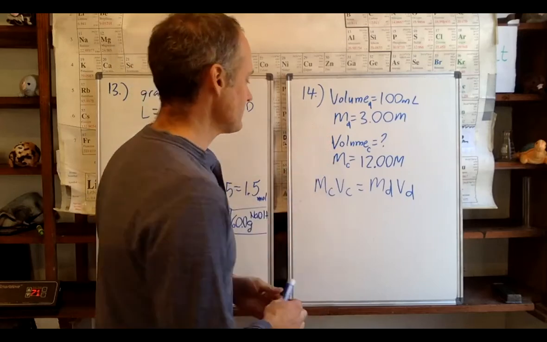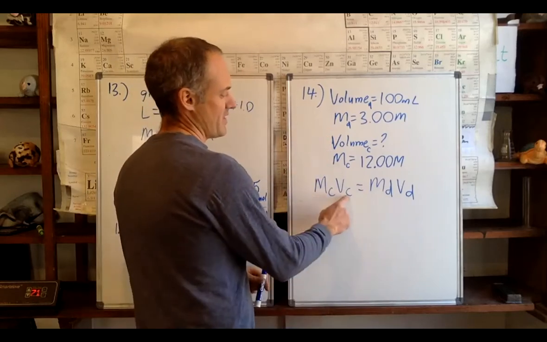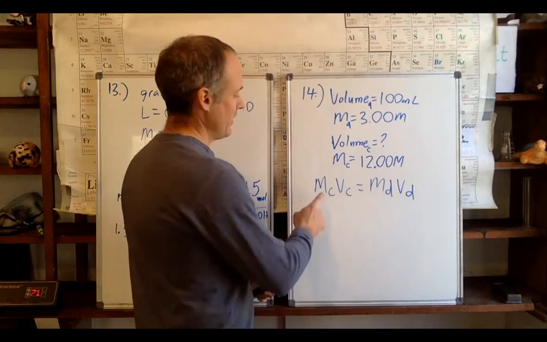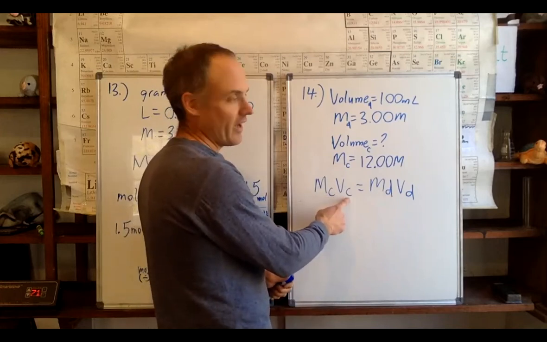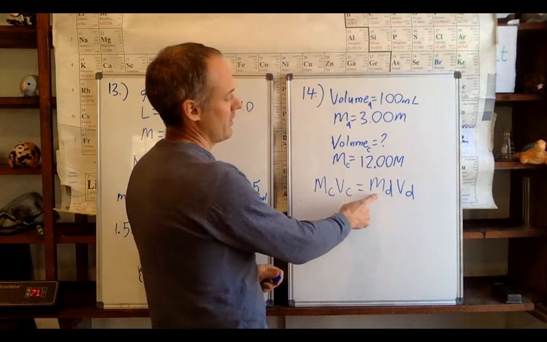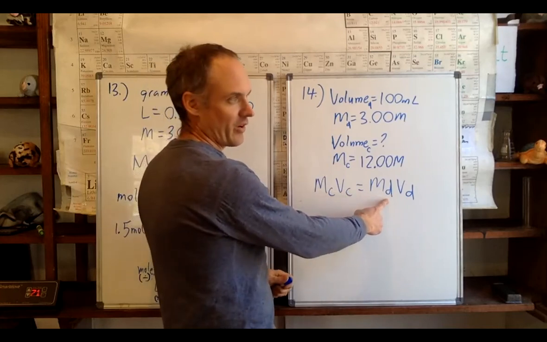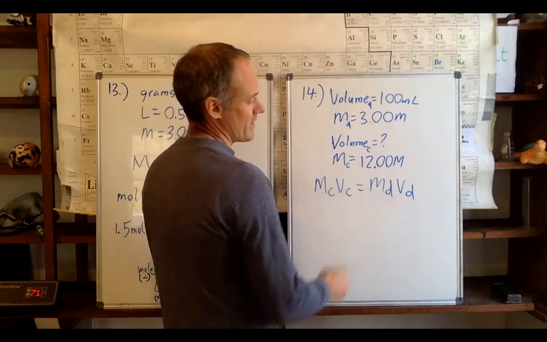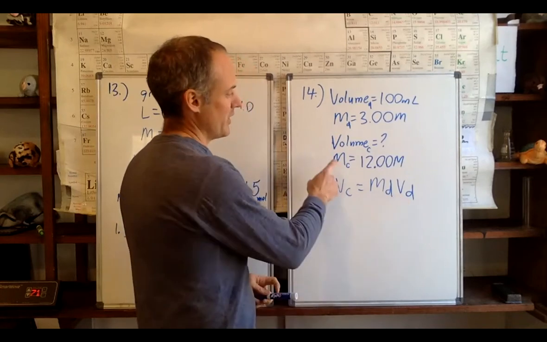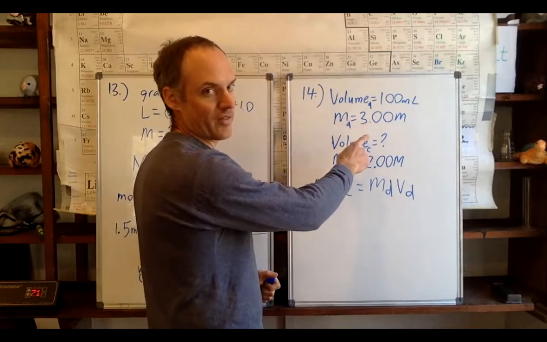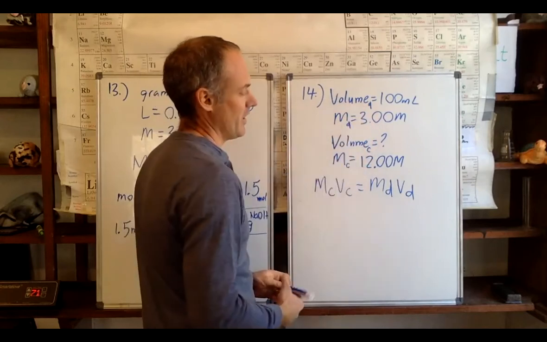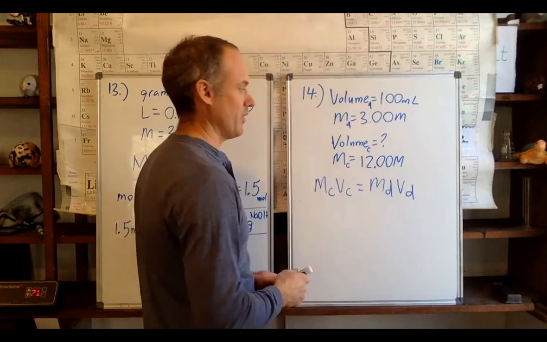So the equation we use is MCVC is equal to MDVD. MC is molarity concentrated. VC is volume concentrated. MD is molarity dilute, and VD is volume dilute. Dilute is referring to the lesser strength and the volume that goes along with that.